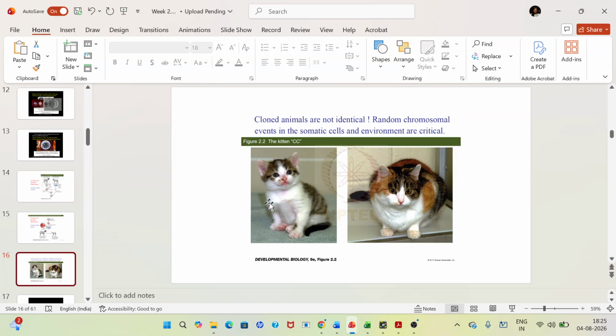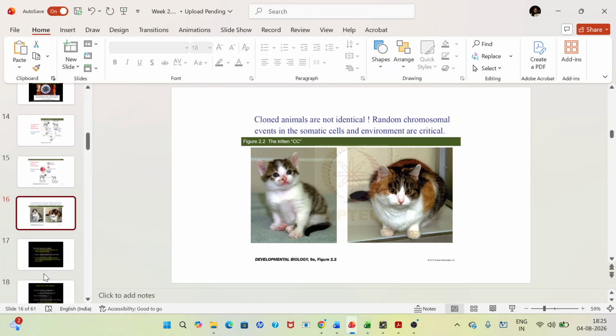So obviously these are two cloned animals, but they are not identical. The fur color is different if you see in both of these. That is because of the random chromosomal events like crossing over and other things that happen in the genetic information, which lead to some kind of a phenotypic development difference.